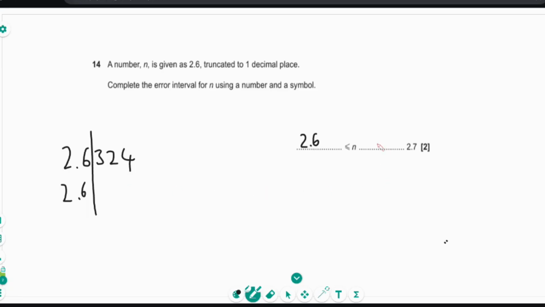Now the biggest thing it could have come from is this. It could be anything up to 2.7, but it couldn't be 2.7 because 2.7 would truncate to just 2.7. So you need just a less than.